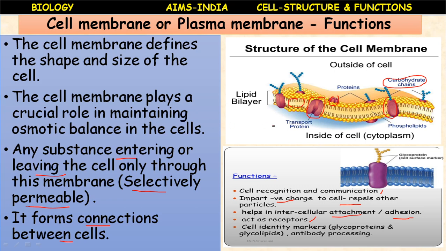So once again, let us recall the functions. Any substance entering or leaving the cell can do so only through this cell membrane. The uniqueness of the membrane is that it only allows certain particles to pass through it. Unwanted particles it will reject. That's why it is called a semi-permeable membrane, or also a selectively permeable membrane. The exchange of substances takes place through this membrane.